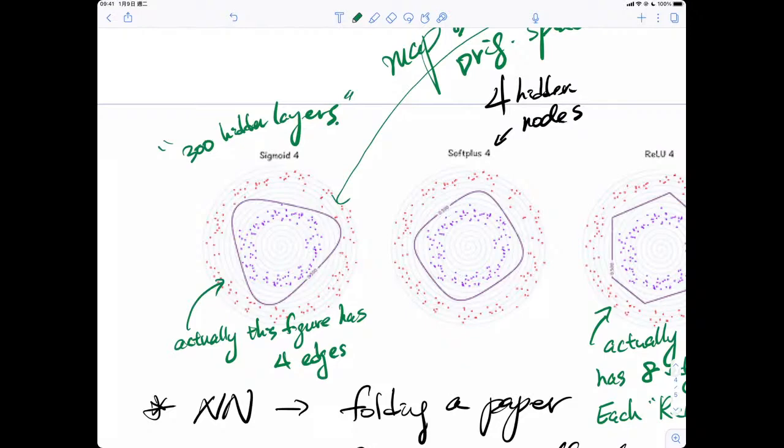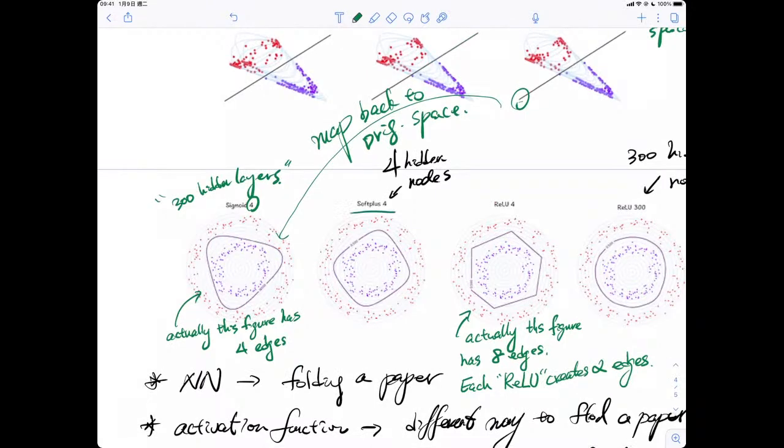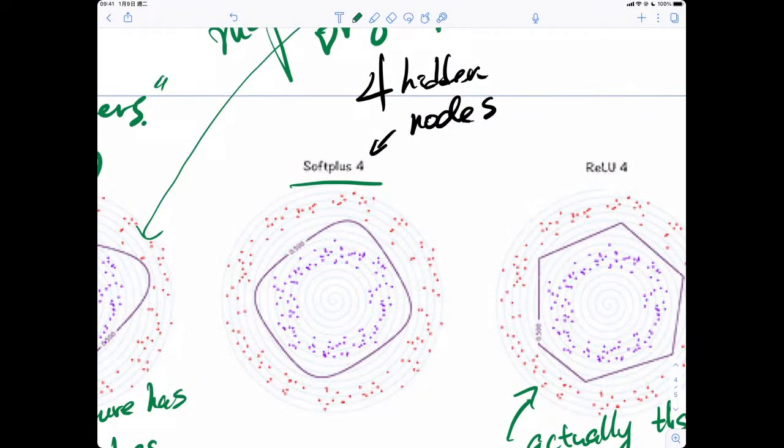So the 4 right here means how many hidden nodes. Let's take this one, the softplus. 4 means we have 4 hidden nodes.